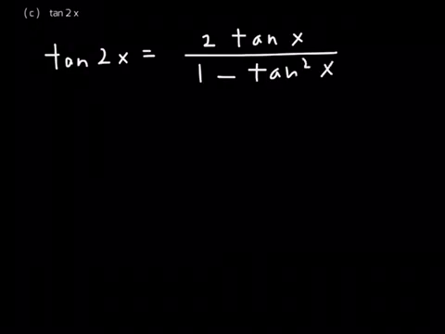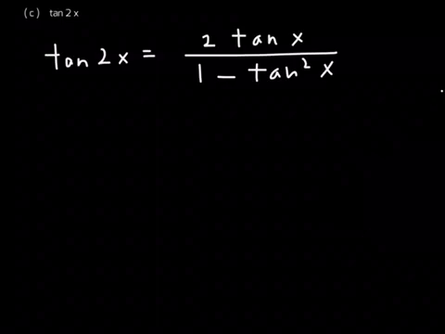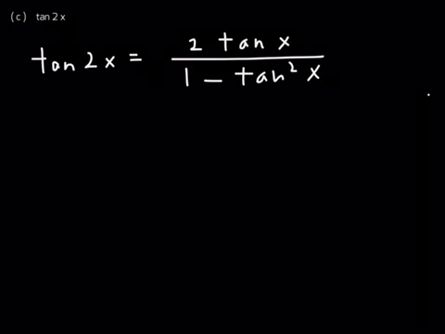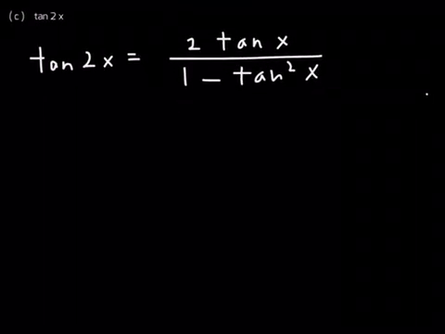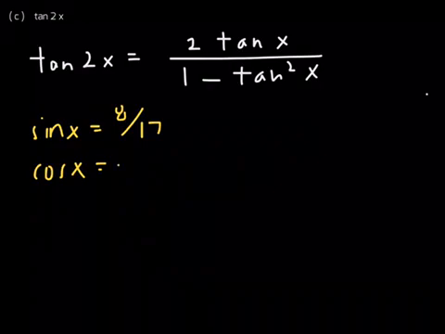So what I need here in order to figure out tangent of x is sine of x, which is given, and cosine of x. But we found cosine of x earlier. So sine of x is 8/17, and cosine of x, we found using the given information, is negative 15/17 from above.